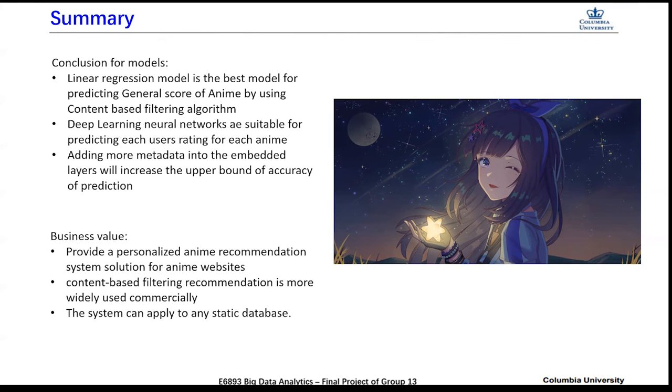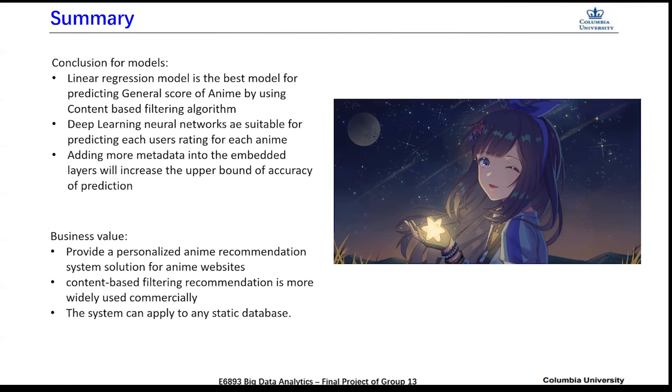And for the business value here, it provides a personalized anime recommendation system for the anime website. We use the MyAnimeList website in this case, but it can be broadly used on any other website. And also the system can apply to any static database instead of just an anime database, but you have to do more work on the data pre-processing.